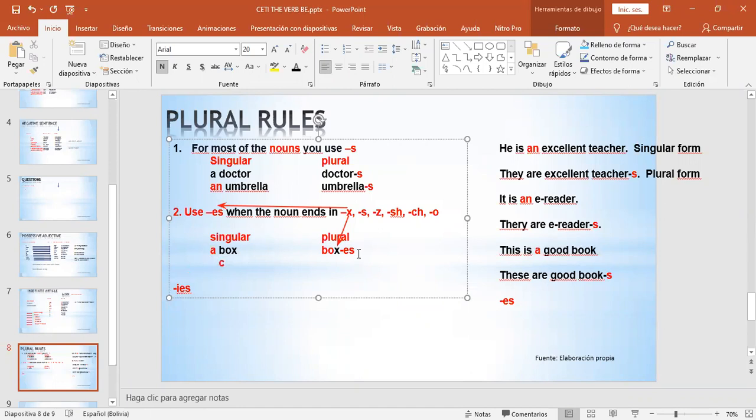Cash, yes. Caches? Cash. Okay, that can be an example. Another example.